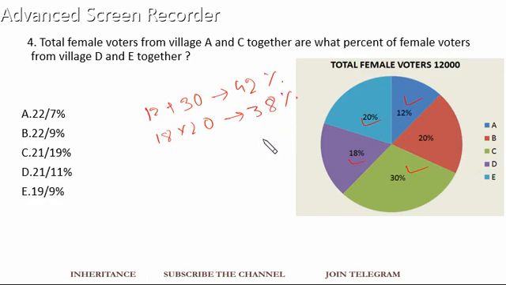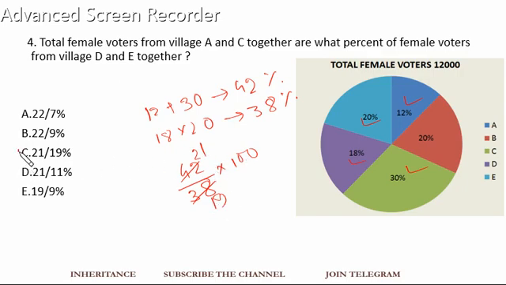So 42 is how many percent of 38? If we multiply by 100, it would be 42 over 38, which is 21 by 19. So 21 by 19 into 100.